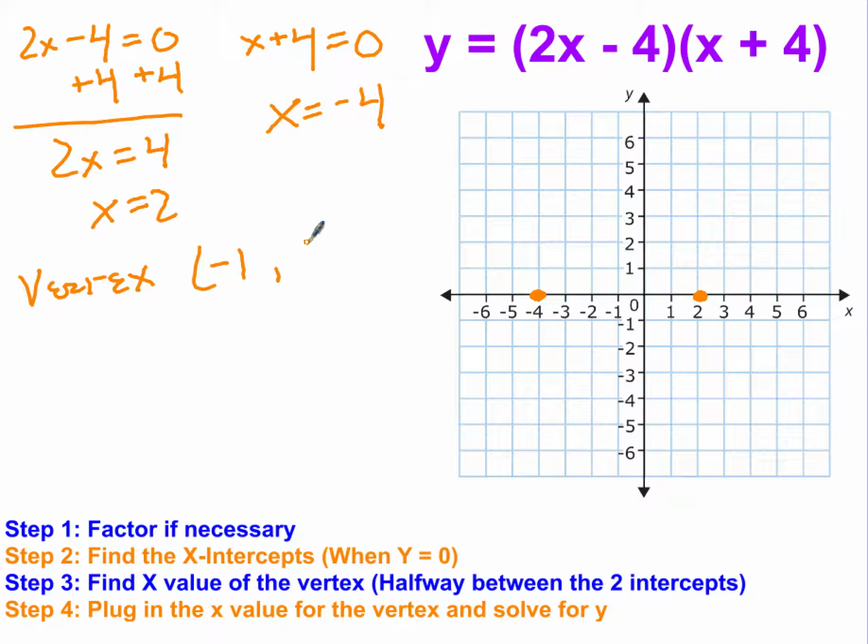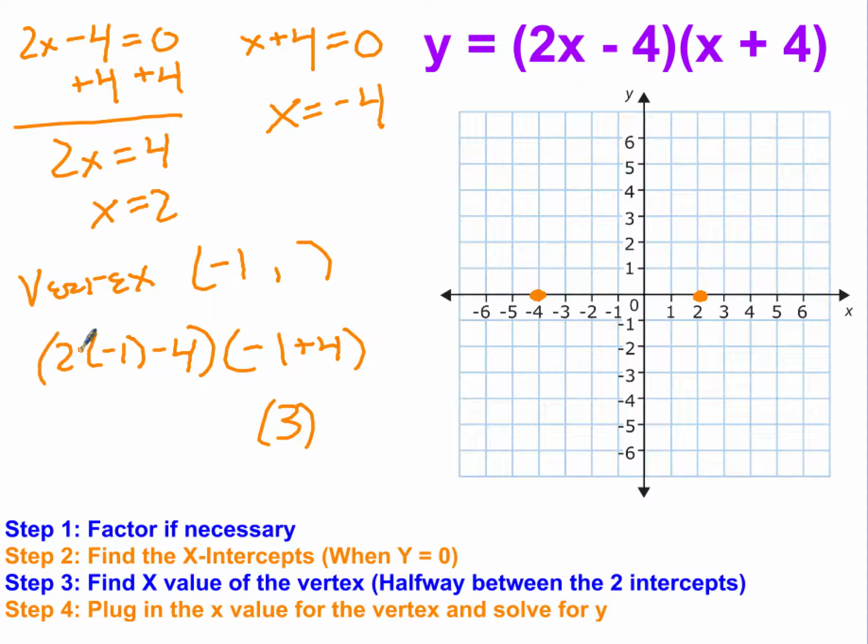So now I just have to figure out what my y is. In order to do that, I plug -1 into my original equation, and I can figure out what my y value is. So this is the first set of parentheses, times -1 plus 4. Now I would simplify both sets of parentheses. We get 3.